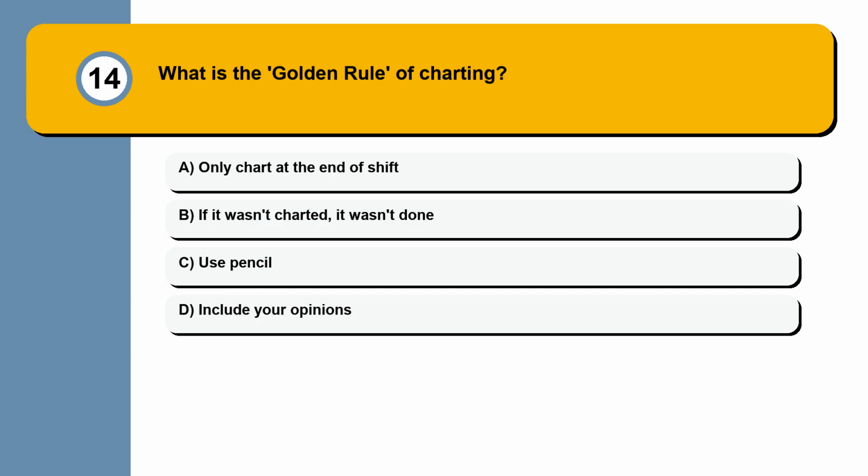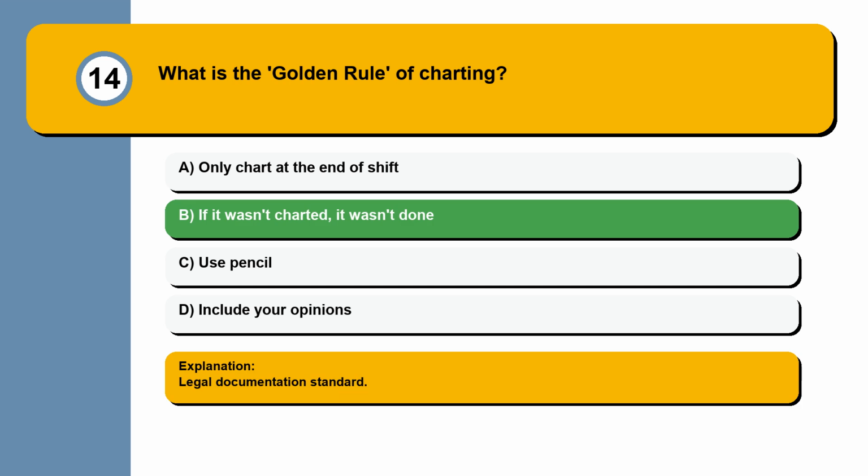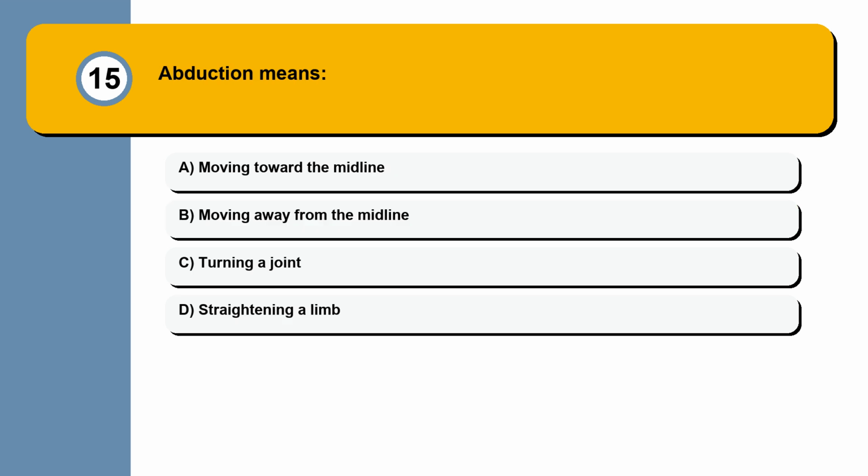Question 14. What is the golden rule of charting? Only chart at the end of shift. If it wasn't charted, it wasn't done. Use pencil. Include your opinions. Legal documentation standard. Question 15. Abduction means moving toward the midline, moving away from the midline, turning a joint, straightening a limb.